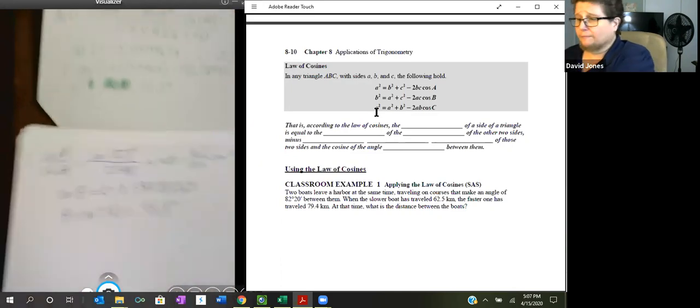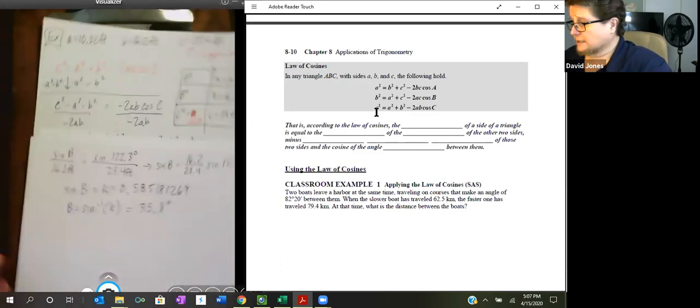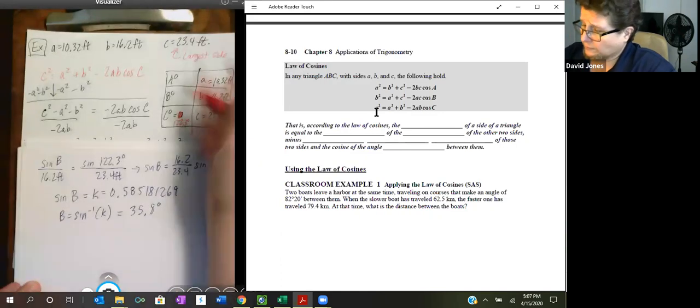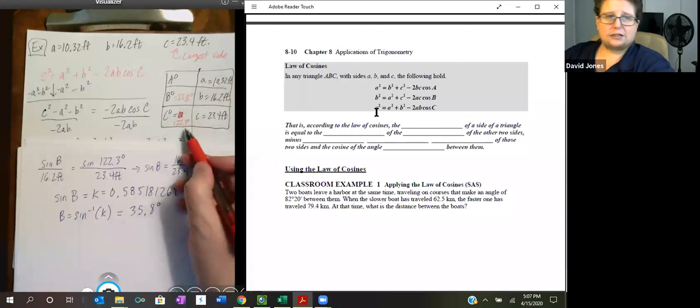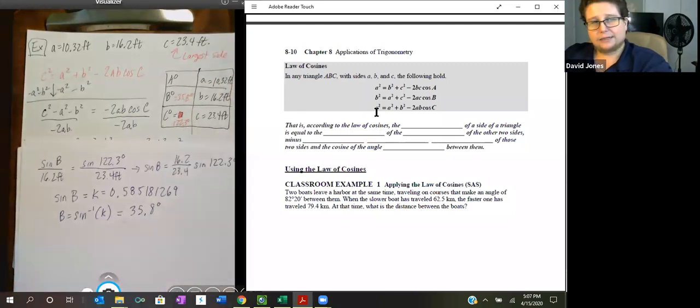So I'll go back up and fill that in on my chart. I don't have to worry about a second angle because C is already bigger than 90 and C was the biggest angle.